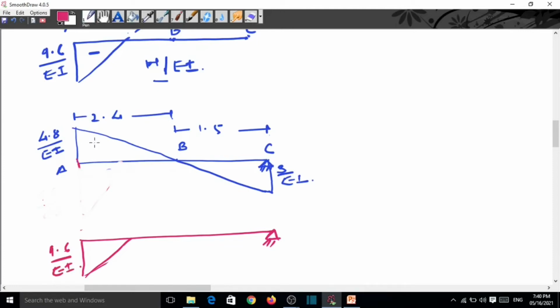Now we know this part is positive, it means this loading is in the upward direction. So this is the addition of these two beams. Again we know this is negative, so as per sign convention it is a downward load. So this is the conjugate beam.